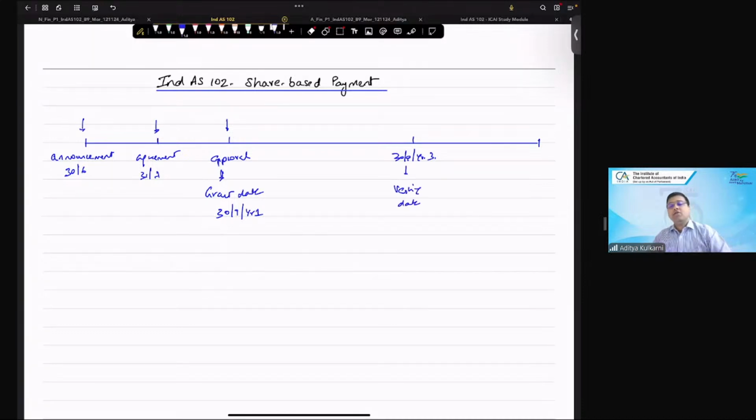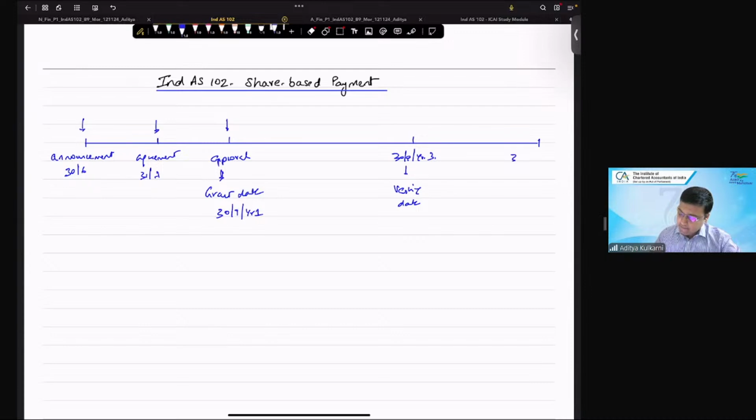Because on this date, you have fulfilled the vesting condition, that is the service period, and there is no other condition pending. So your options have vested on 30th September at the end of the third year. And then you have one more year to exercise.